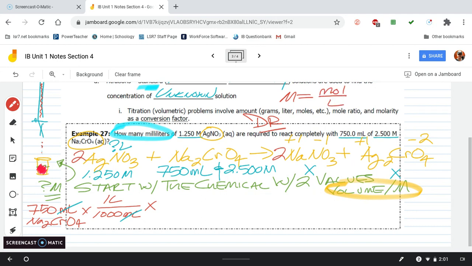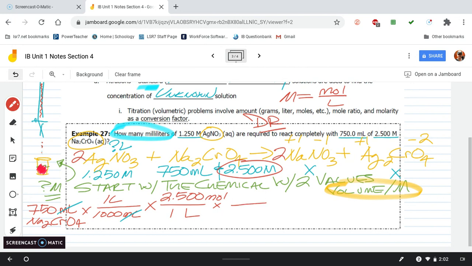Well, look, we've got liters, and we'd like to have moles, so then we'll just use molarity. So this is how you do it. Put the liters on bottom, 1 liter, and the moles on top. Well, what was the molarity? It was 2.50 moles per liter, because that's what that means. This M means moles per liter, right? So that's super useful to us.